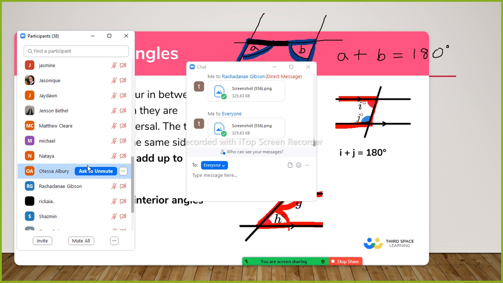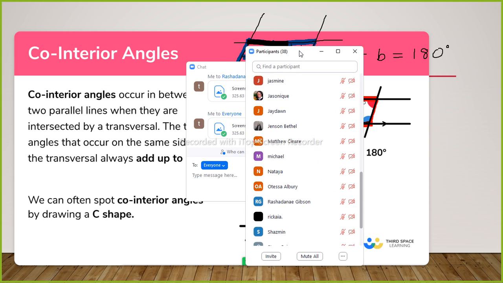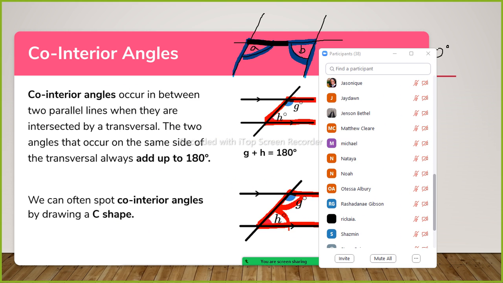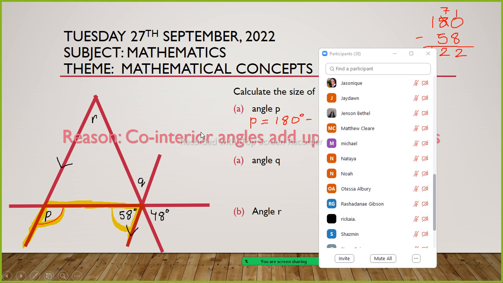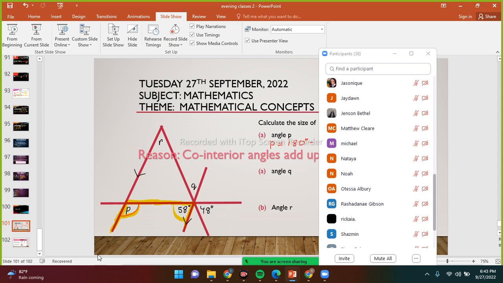I'm not hearing from Noah or Natalia. Pardon me? Yes, Noah. How are you doing? I understand a little bit. You understand a little bit? Okay. All right. What part is confusing for you? What part don't you understand? Or did you come late?